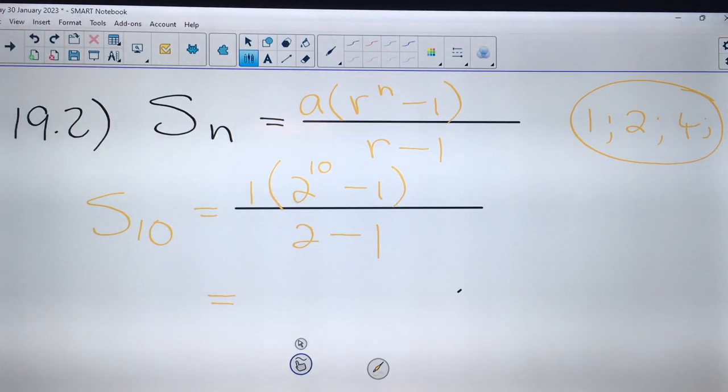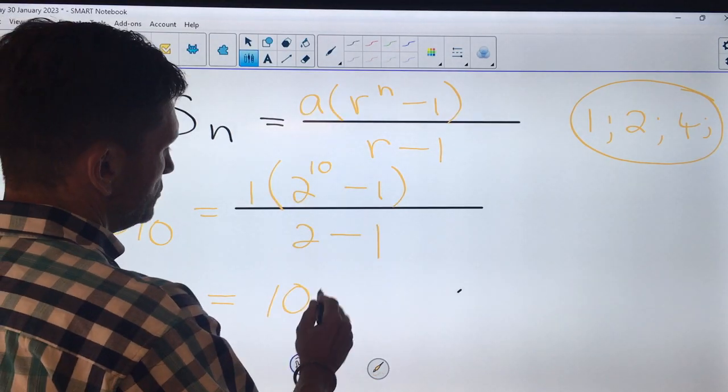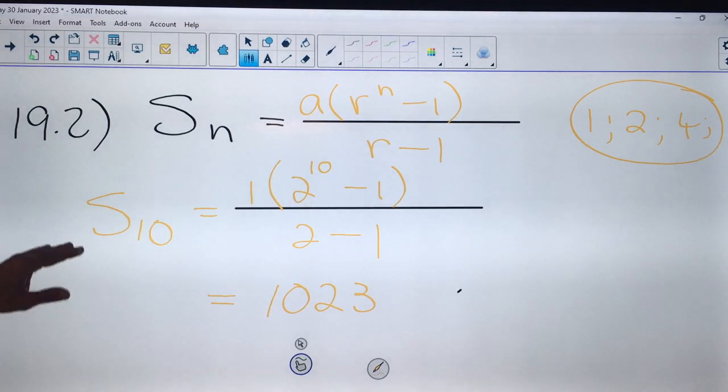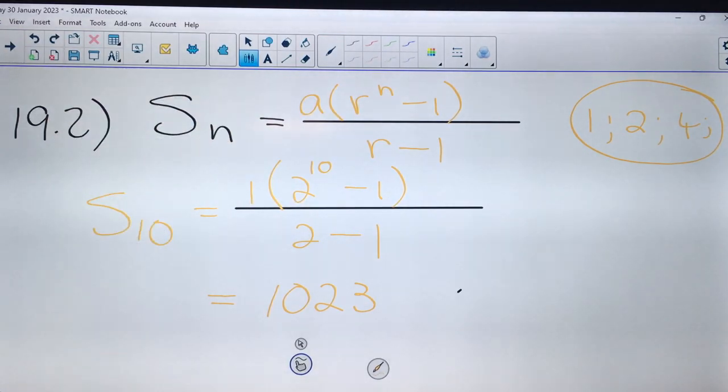Yes, because 2 to the power of 10 is 1024. Minus the 1 is 1023. And this is anyhow 1, so 1023. So that means that if I add the first 10 terms of this geometric sequence, I will get 1023.